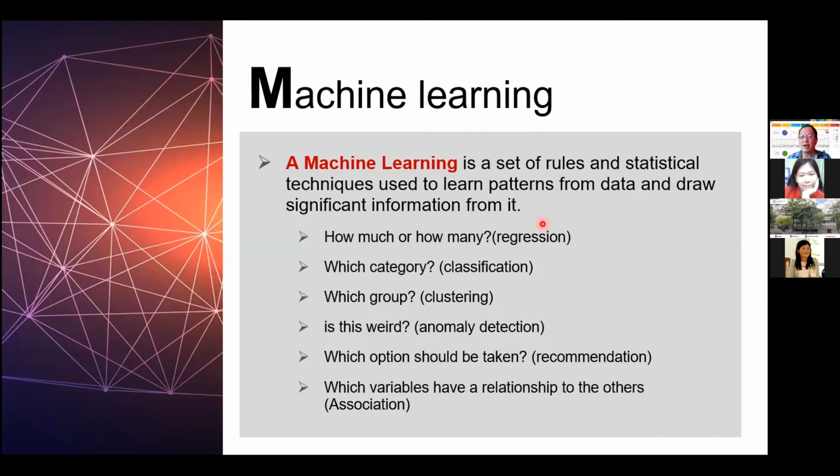Machine learning will help us answer questions like how much or how many, which is called regression. We answer which category the data belongs to; this is called classification. Or which group: if we have data, we try to group the data into different groups. We answer, is it weird?